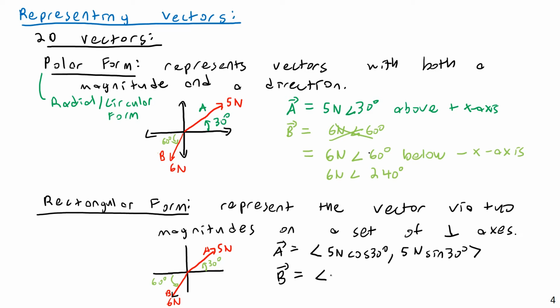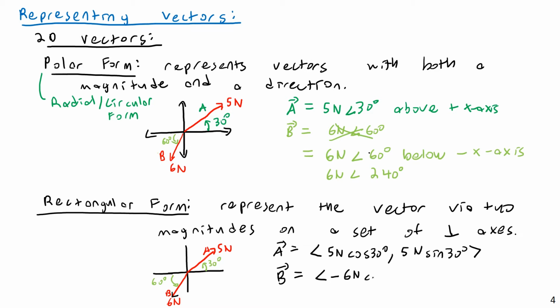Vector B, I would need to add a negative on the x component if I wasn't using global angles. Now, if I was using global or universal or standard angles, if I'm using the 240, I don't need to worry about tacking on a negative, but if I just want to use the 60, I would need to say this is equal to negative 6 newtons times the cosine of 60 degrees. Or I could also just use the cosine of 240 as well.